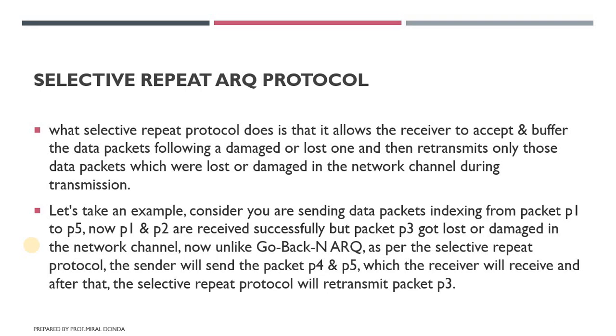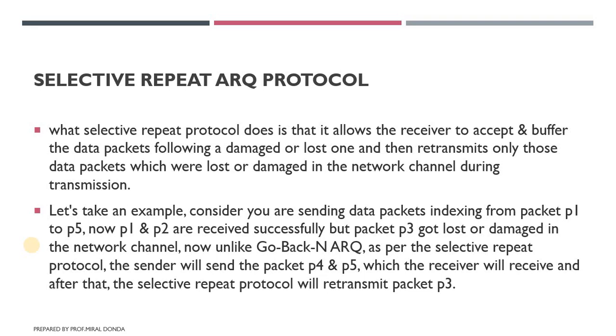Consider you are sending the data packets indexed from P1 to P5, so there are 5 data packets. P1 and P2 are received successfully and the acknowledgement is given to the sender, but packet P3 got lost or damaged in the network channel.